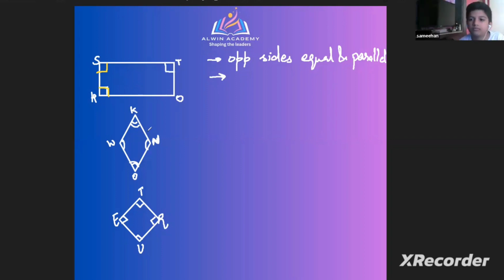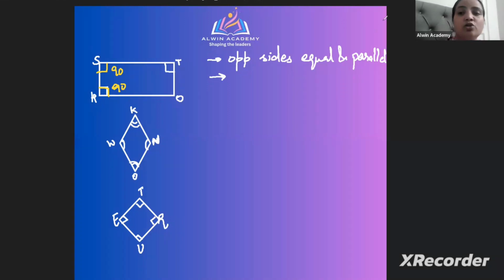Yes, ma'am. Yes, beta, adjacent angles are 90 and this is also 90. They are supplementary or no? They are co-interior angles, but they are equal as well, right? So that means this is one special property of parallelogram that we know: opposite angles are equal in a rectangle also, and adjacent angles in a rectangle also are supplementary.